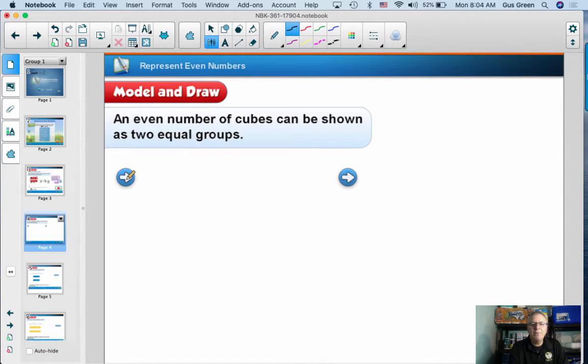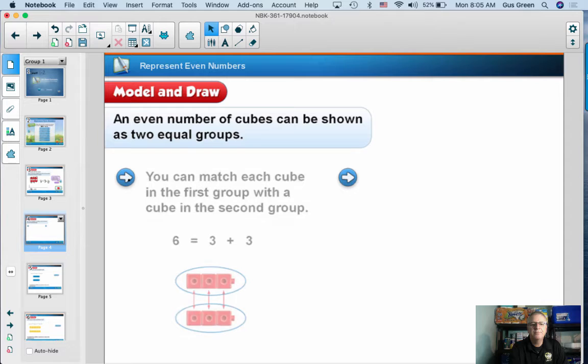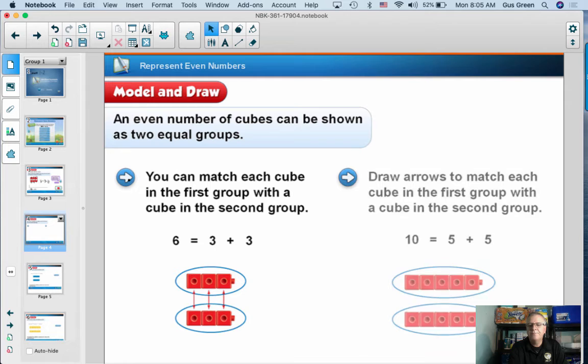Okay, so an even number of cubes can be shown as two equal groups. For example, here's the 6 equals 3 plus 3 example, and you can see there's a train of 3 and another train of 3, and the pairs match up. And in this example, there's 10 cubes, 1, 2, 3, 4, 5, 6, 7, 8, 9, 10.